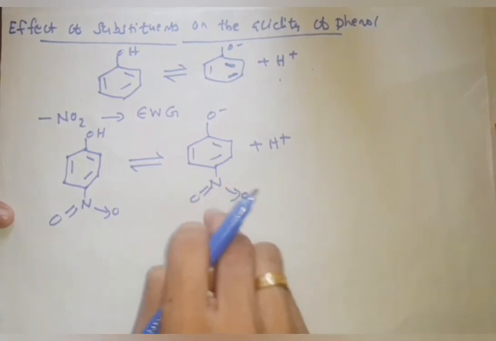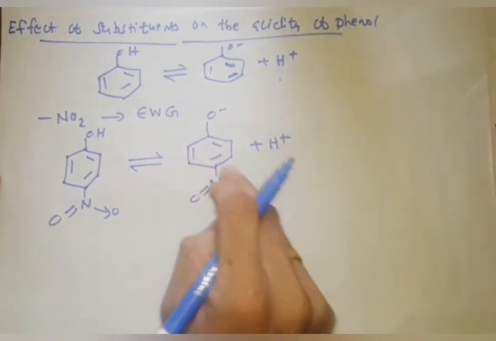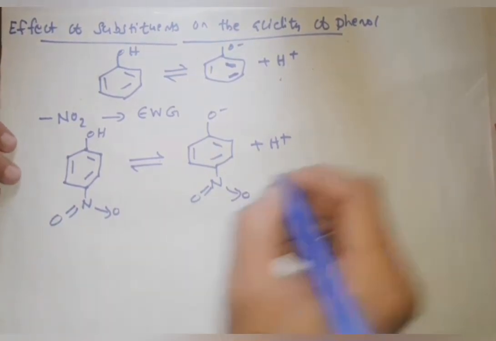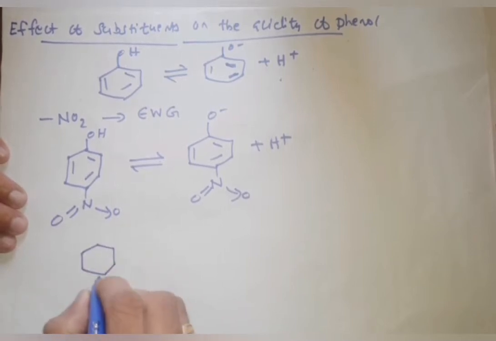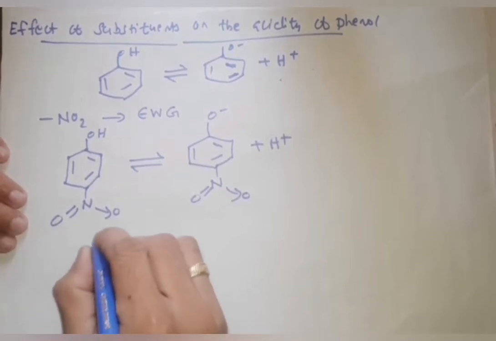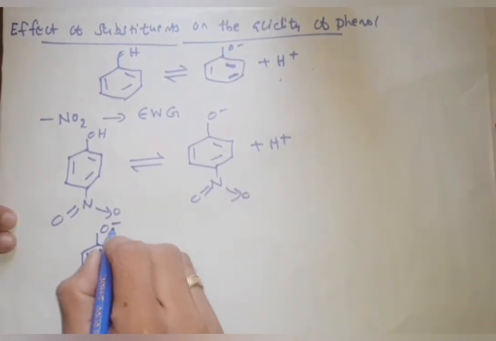Now let us consider the resonance structures of this para-nitrophenoxide ion. The charge is shifted to here.